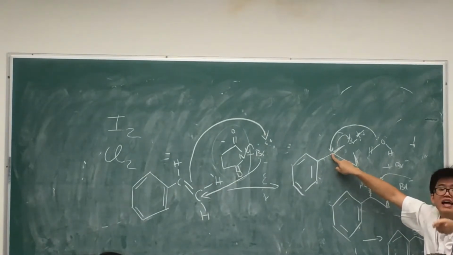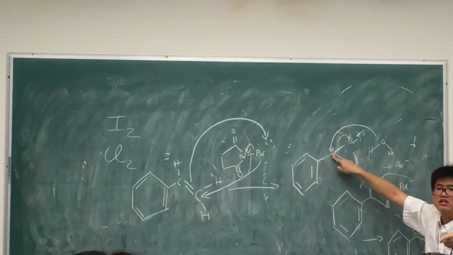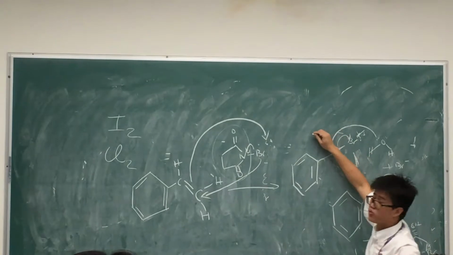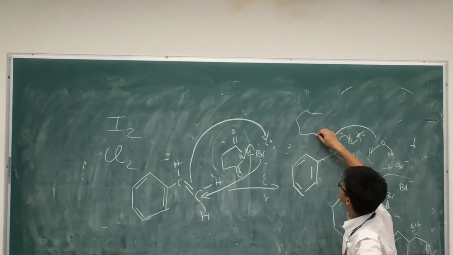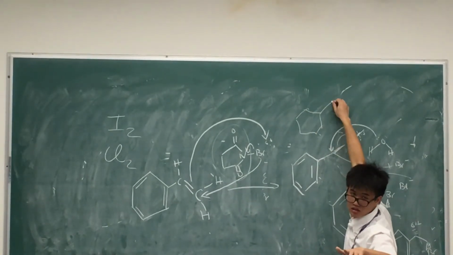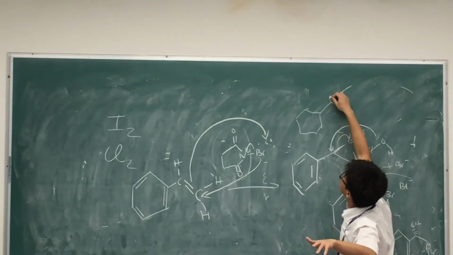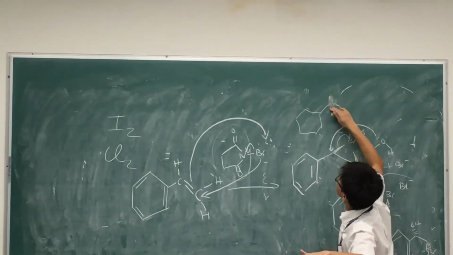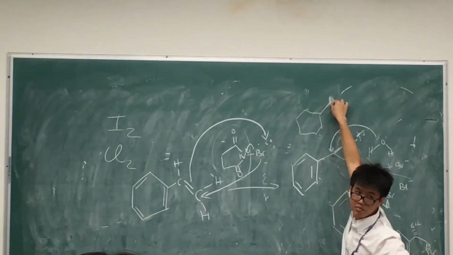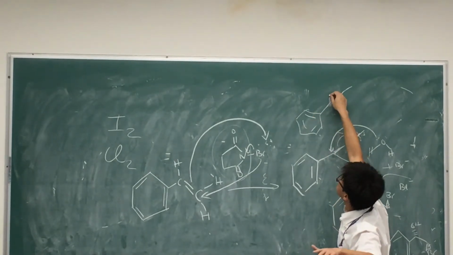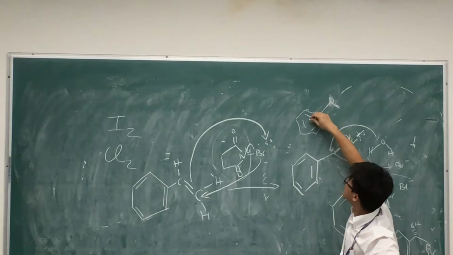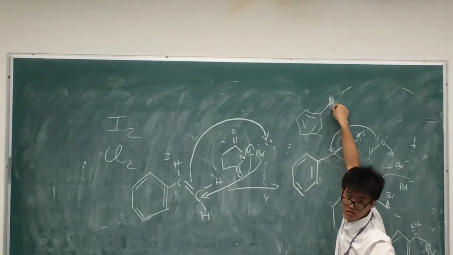This one is secondary, right? It's electrophilic aromatic substitution on benzene, phenol. This carbon here is very stable because if the positive charge is here, it can be stabilized by resonance structure.